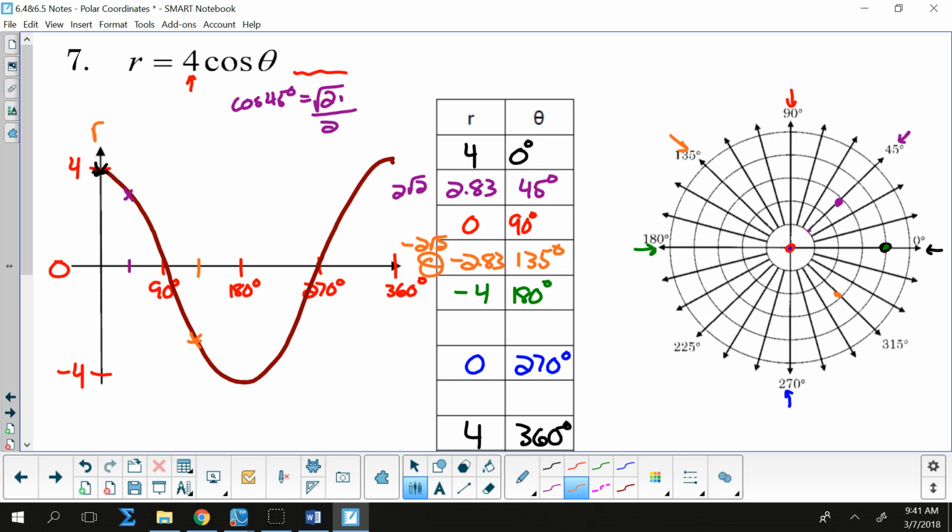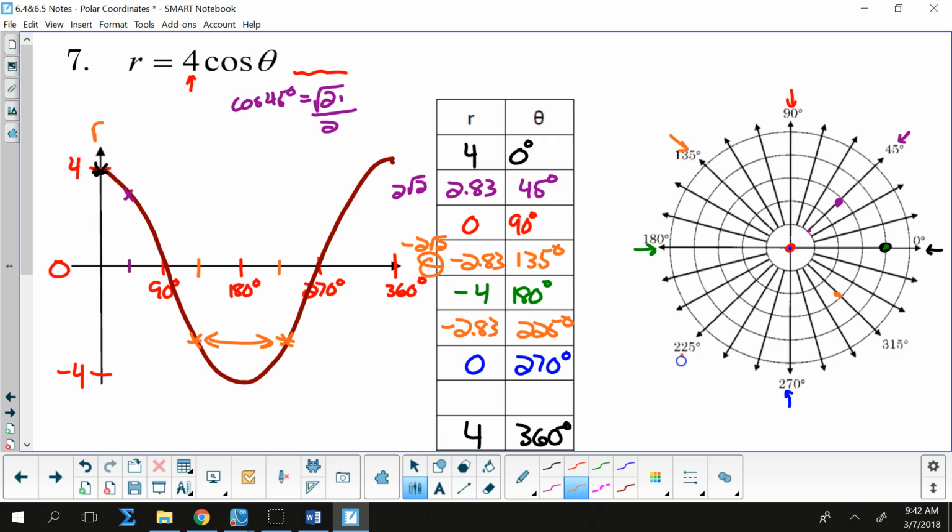Halfway between 180 and 270. 225, right? That should be negative 2.83 because it's the same as the one we just found.